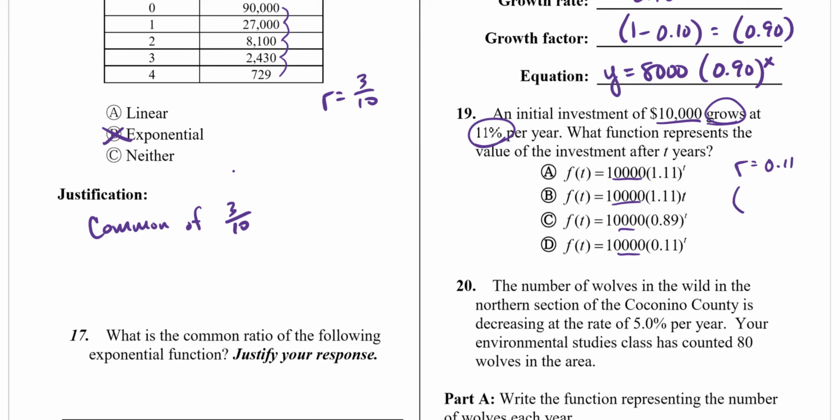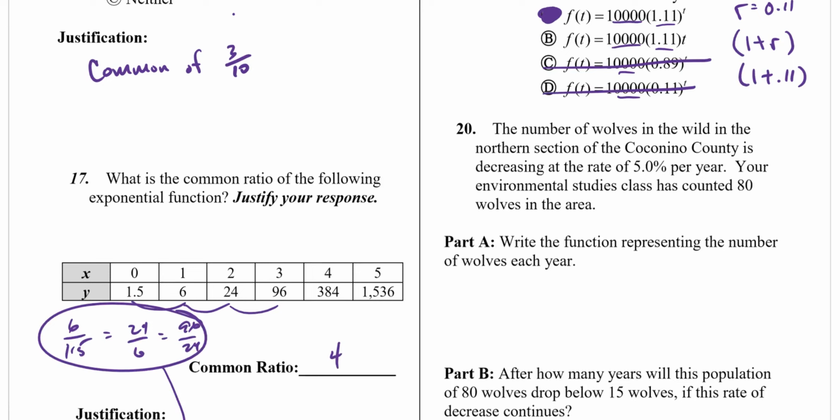My growth factor, since it's growing, is 1 plus r, which is 1 plus 0.11, which means it's either A or B. Can't be C, can't be D, because it's got to be 1 plus 0.11. Those are the only two that have that. And so the question is, is it a little t or a big T? Since it's exponential, it's got to be the little t. It's a times b to the x power.